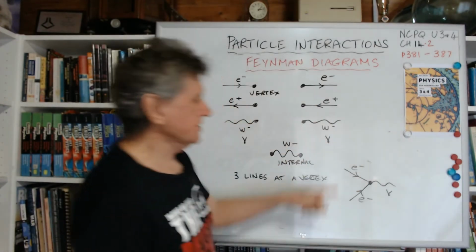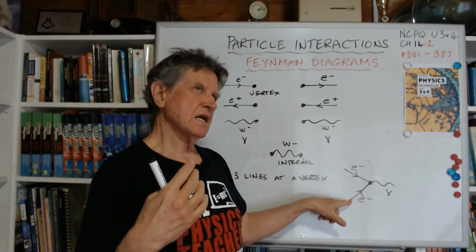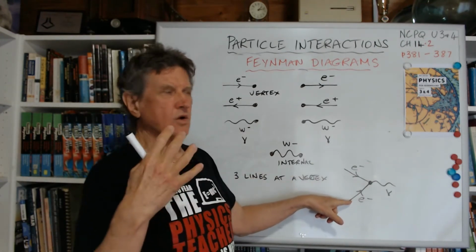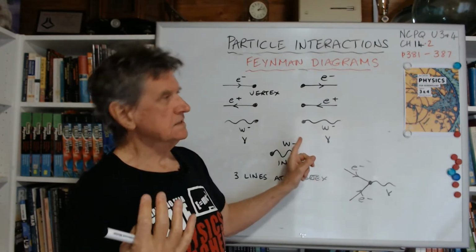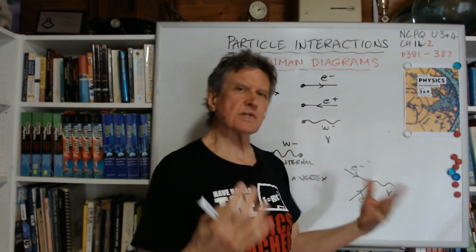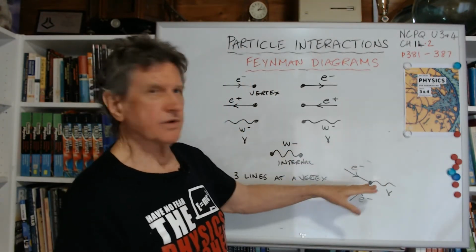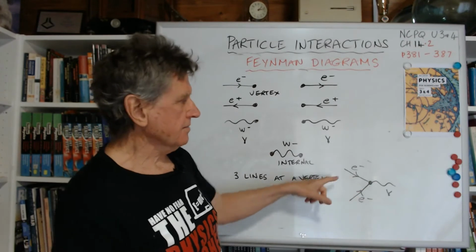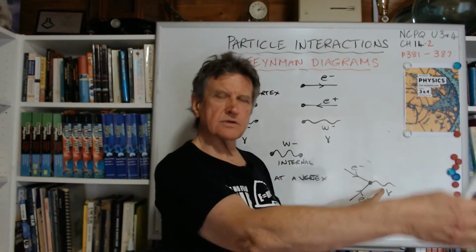What you'll notice is there's always 2 either electrons or quarks, or, well, that's about it. Sometimes you can have quark composites. You could have a proton coming in and doing all sorts of things. But they're basically 2 matter particles and a gauge boson.